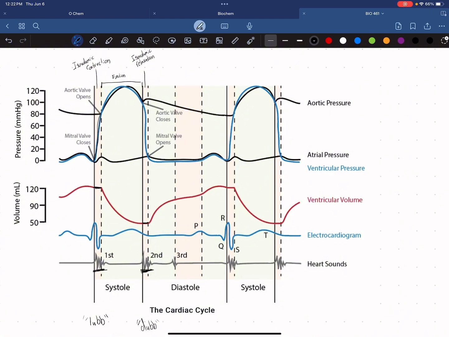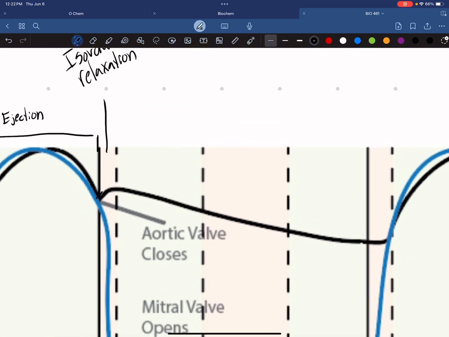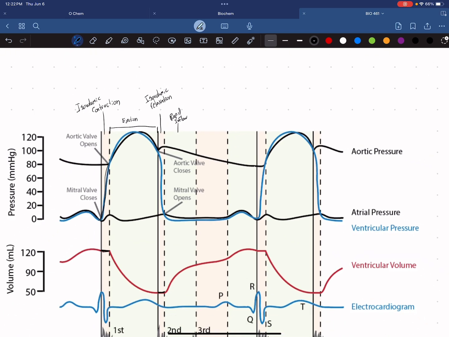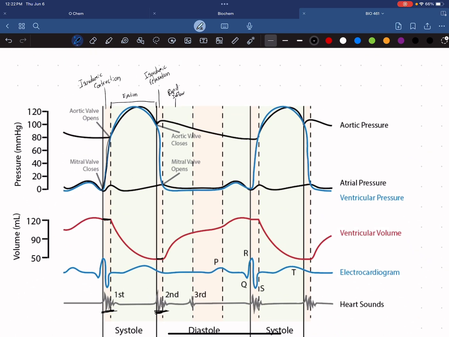This next section, in diastole, we will label rapid inflow. Here we see the aortic pressure going down because the blood is now out of the aorta flowing through the body. The ventricular pressure has come down as well because the blood has flown out.